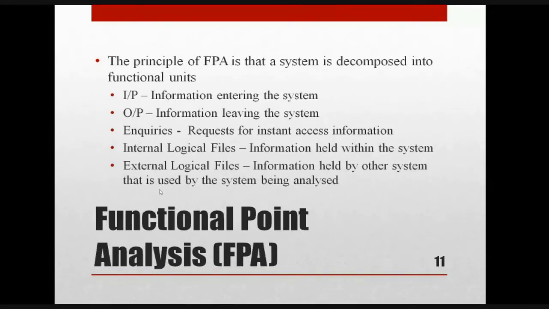Other system is what? Say hard disk, CDs. So all these are external logical files. Inside the hard disk and inside the compact disk you'll be having some files. Those files you can call external logical files. So you are going to access those logical files. Fine. So these are the 5 functional units of FPA.